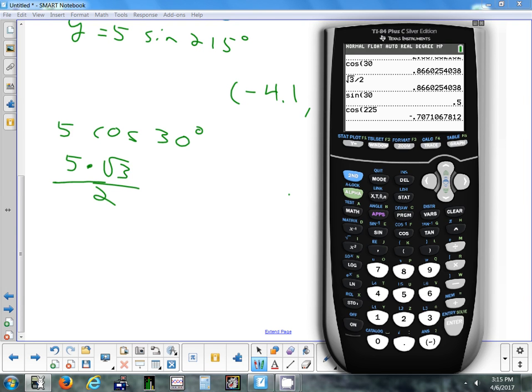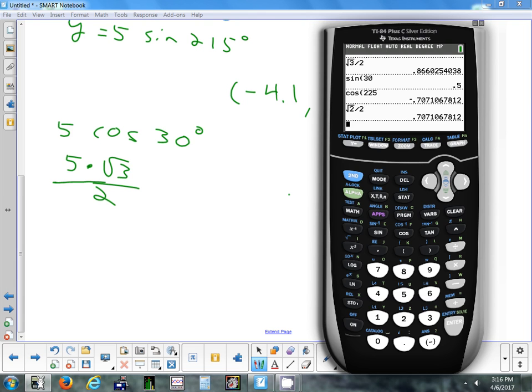Is that the pi one, or is that 3 pi? No pi. Root 2 over 2? Yeah, it's the square root of 2 over 2. In this case, it's actually a negative. But 0.707 is the square root of 2 over 2. If it's a negative, you put a negative in front.